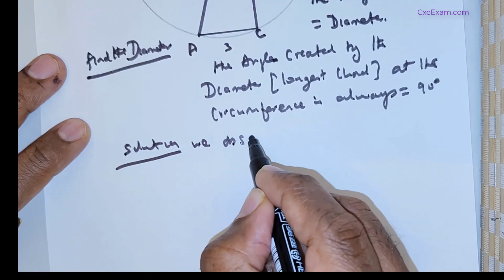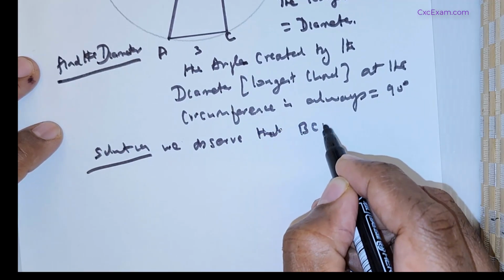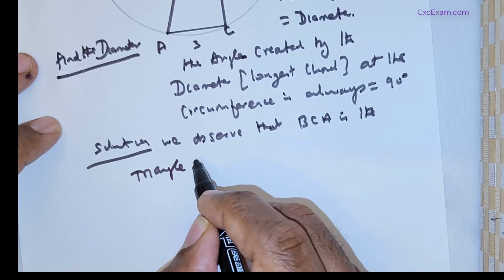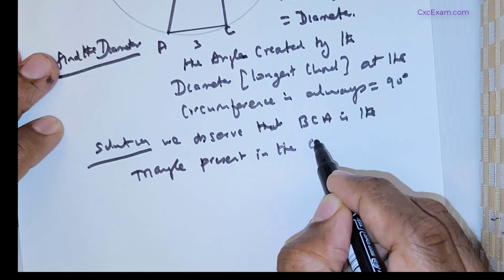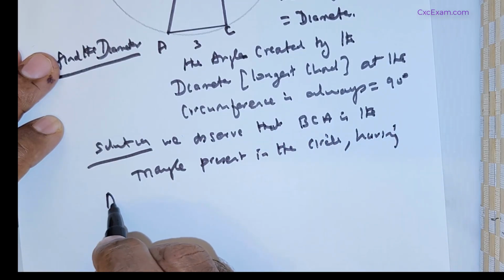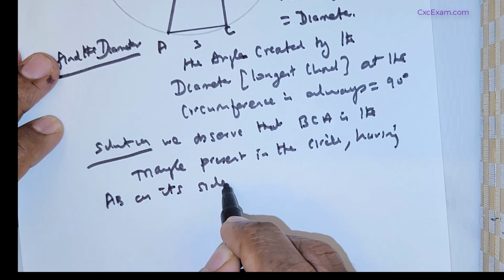We observe that BCA is the triangle present in the circle having AB as its side.